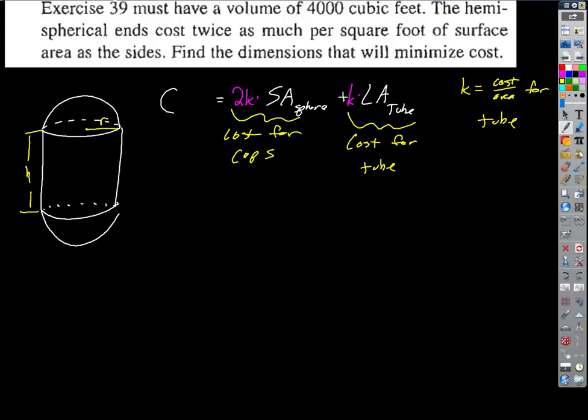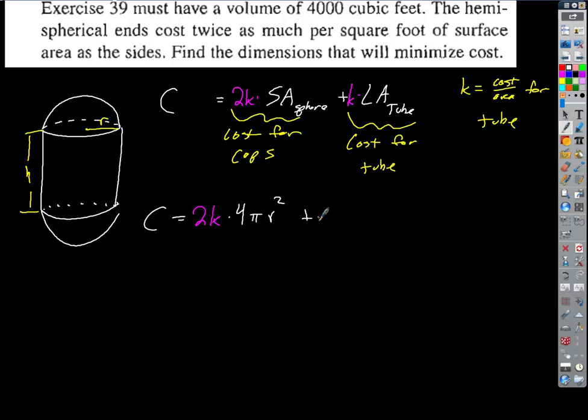What's the surface area? 4 pi r squared. That's it. Okay, so there's the cost for the end caps.